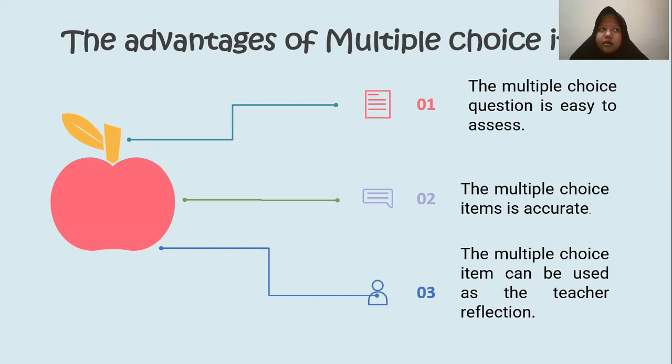And then if there are a lot of students who have low scores, the teacher can reflect from that. If the question is too complicated to answer, the teacher can revise it and give a better MCQ for the students in the next exam.